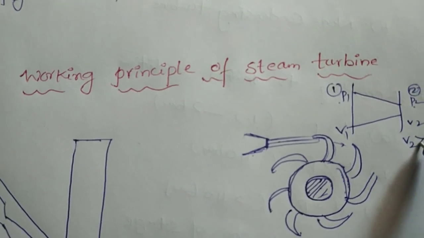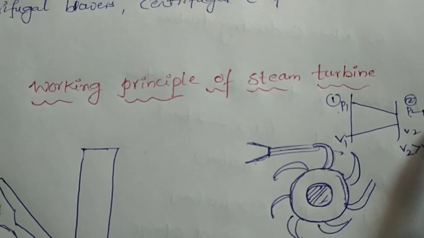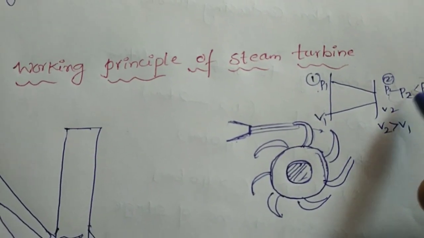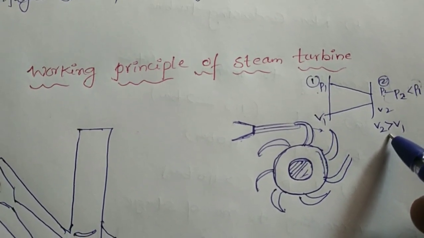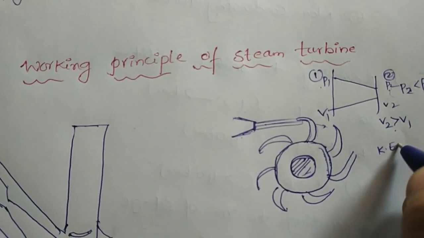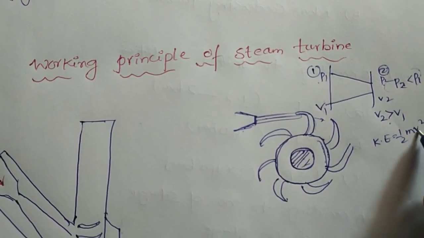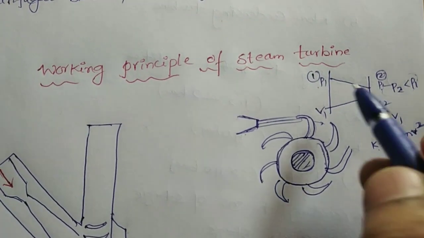Velocity V2 is greater than V1, but pressure P2 is less than P1. The amount of pressure that is reduced is utilized to increase the speed or kinetic energy. Kinetic energy means velocity; the formula is half m v squared. As the velocity increases, the kinetic energy also increases.